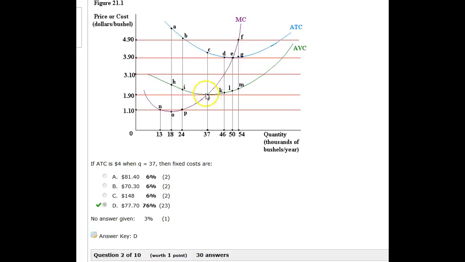Well, we have to get familiar with these cost curves. I know that the difference between ATC and AVC is AFC, average fixed costs. So 4 minus 1.9 is 2.10, and $2.10 times 37 will give us fixed cost, which will be $77.